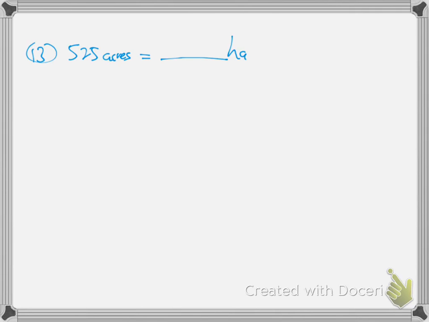This is division. So we start with 525 acres over 1 times, and where do I put acres? Down below. I put the HA on the top. And what does it say? It says 1 hectare is 2.47 acres.